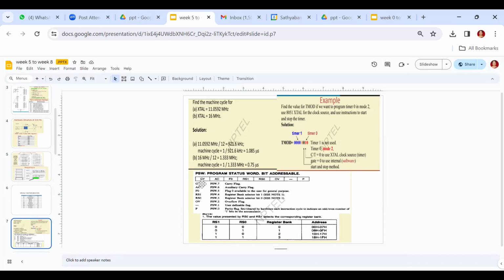Now what is the value? 0, 0, 0, 1, 1, 0, 0. 16 is 1, 6.